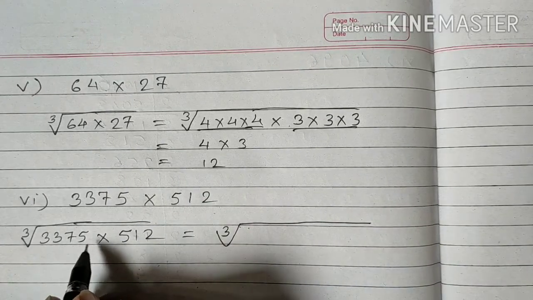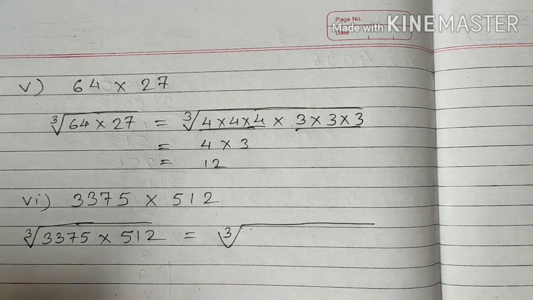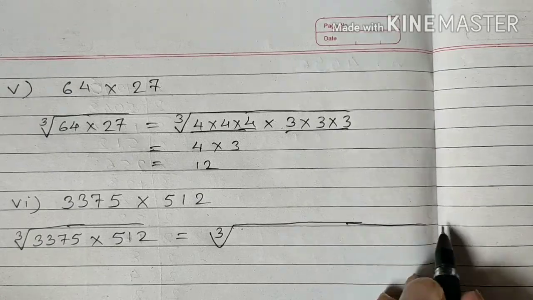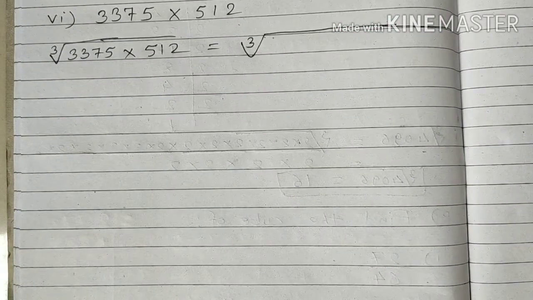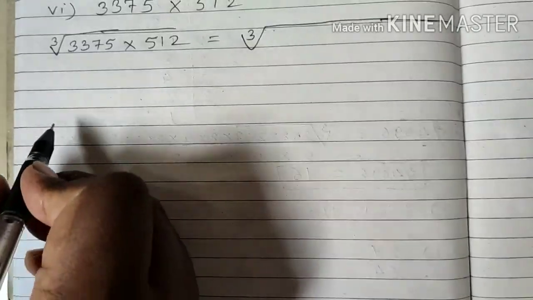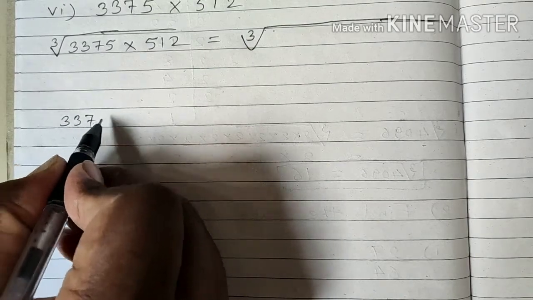If you don't know whose cube 3375 is, you can go for the prime factorization of 3375 in case you don't know the cube. So let us make a prime factorization of 3375.